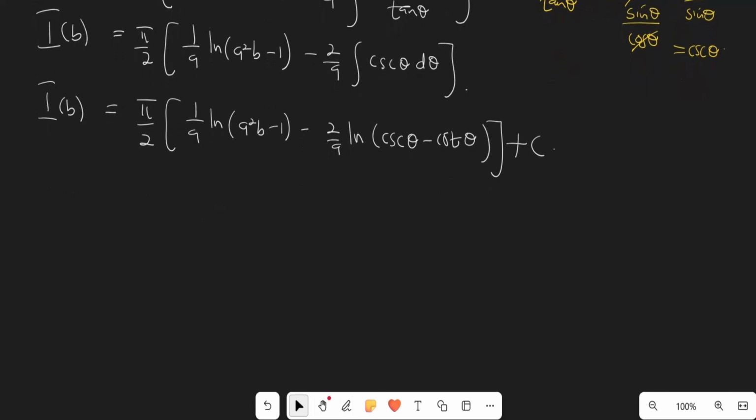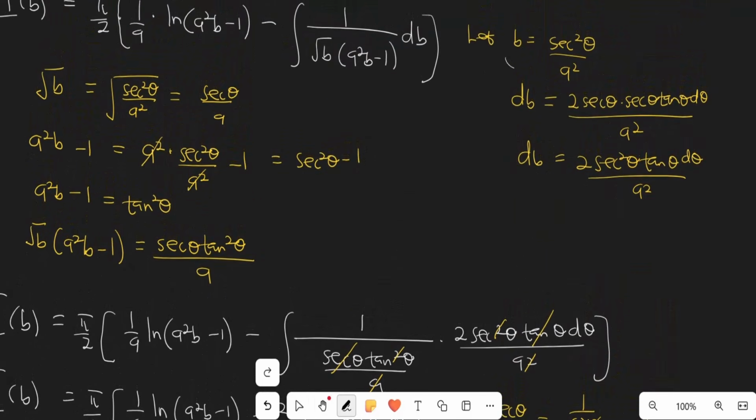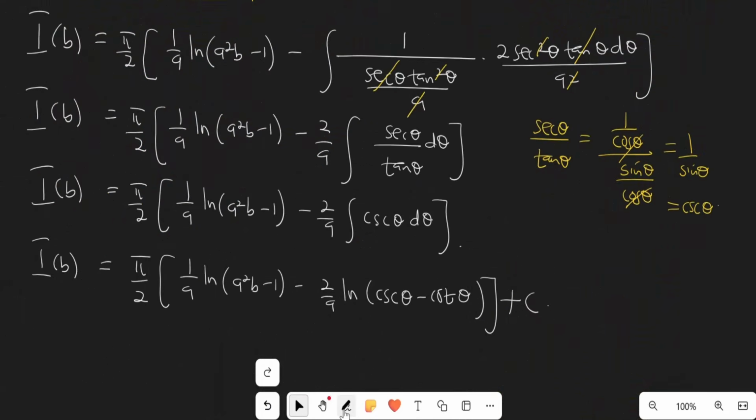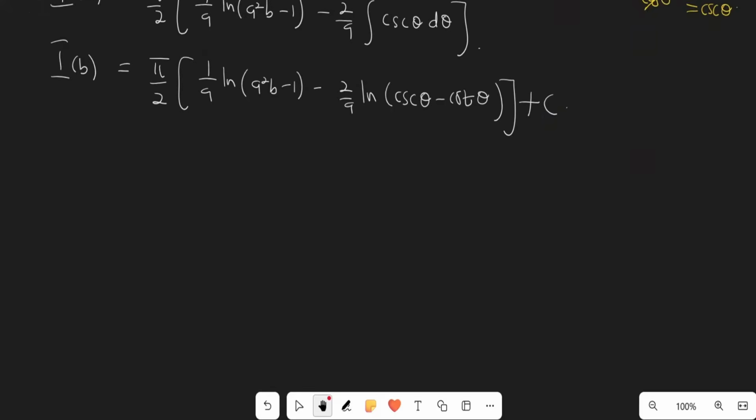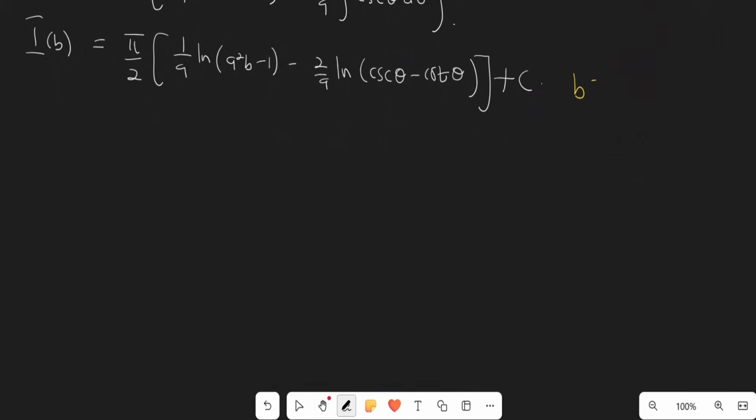Now let's go back to the b world, because the integral must be in terms of b, right? So now we are going back to the substitution, that b is equal to the secant square of theta over a squared. So let's go back there to help us move back into the b world. So b is the secant square of theta over a squared, right?